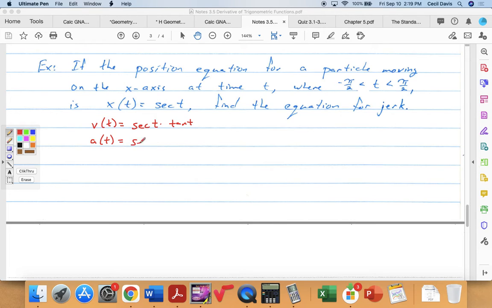So secant of t times the derivative of tangent, which is secant squared, plus tangent of t times the derivative of secant, which is secant tangent.